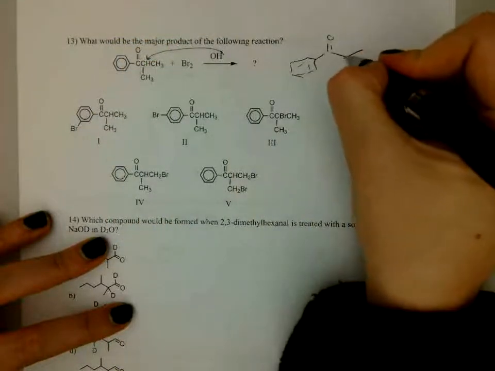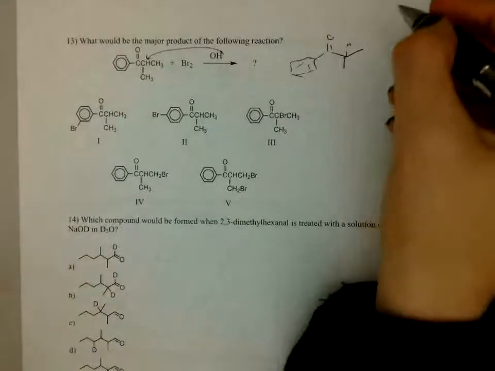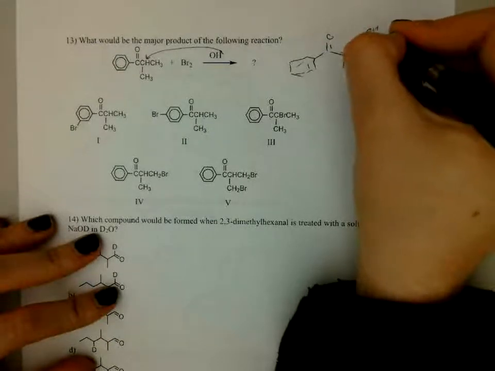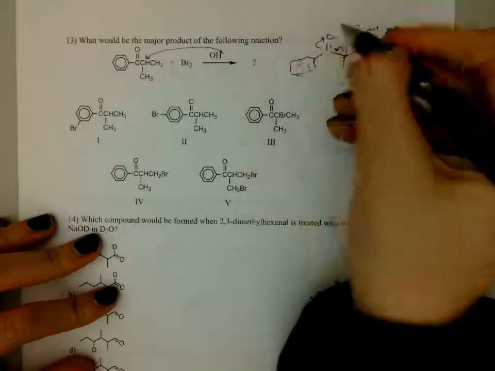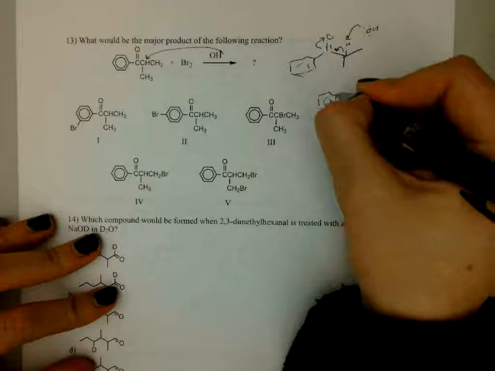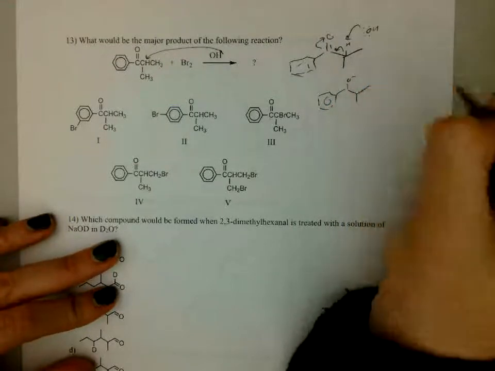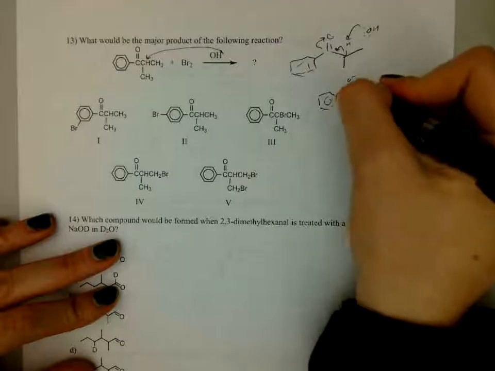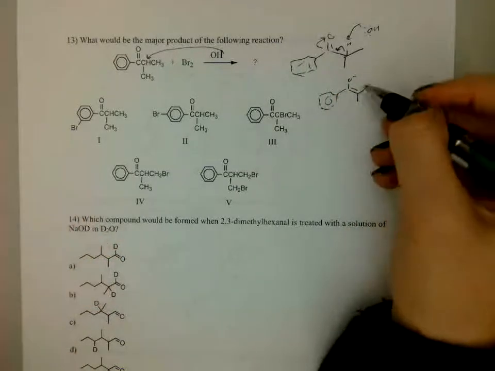Okay, at the alpha carbon, we have a methyl group and a hydrogen, and then another carbon here. The base is going to abstract here. This will go here and kick this up. So we've got the enolate ion, and that's going to react. If it's easier for you to think of it like this, you can draw this out and then this double bond is the attacking.